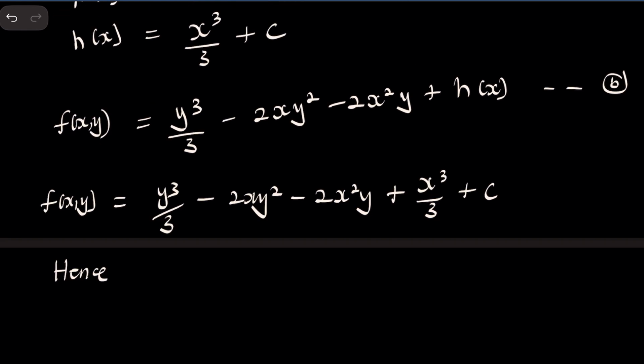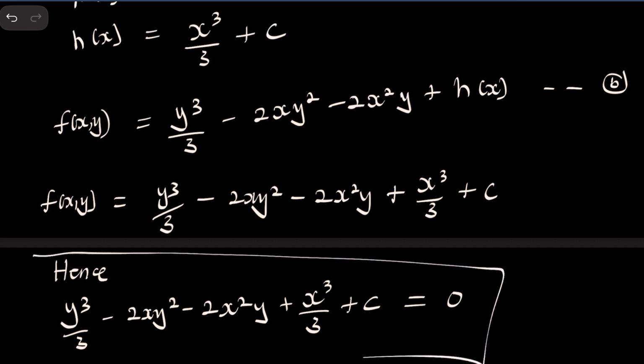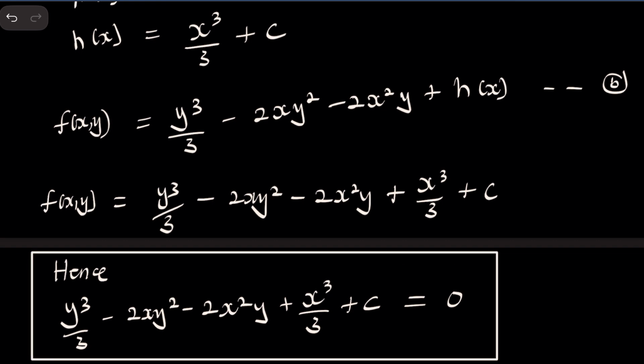Hence, our general solution will be giving us y cubed on 3 minus 2xy squared minus 2x squared y plus x cubed on 3 plus c is equal to 0. And so this is our general solution to question 3.